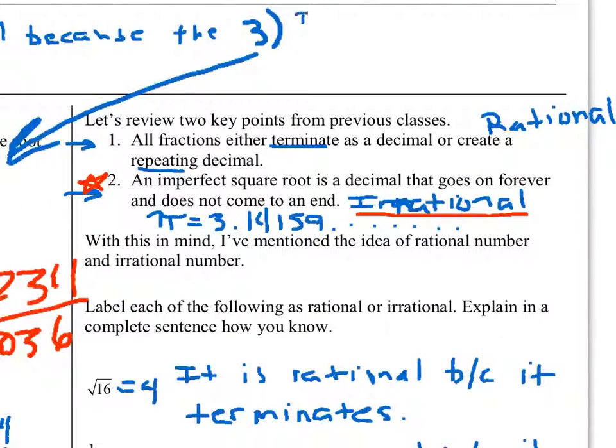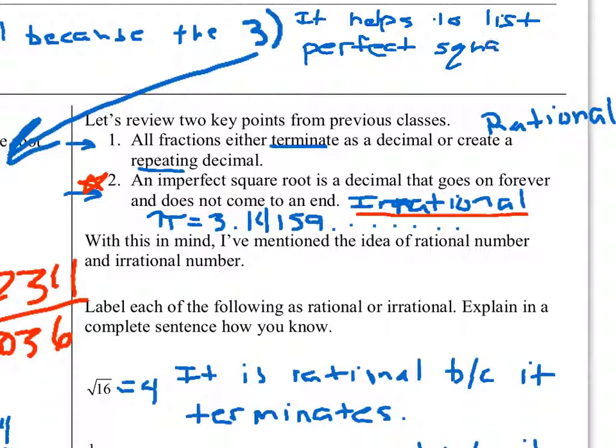He's saying it helps to write down key points, or helps to list perfect square roots. Or perfect squares. Let's just put it that way. It helps to list perfect squares. Okay? Cool. All right.